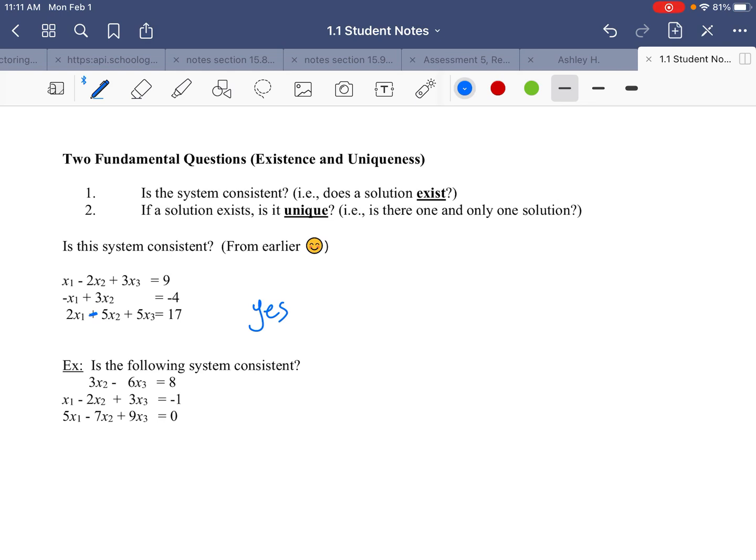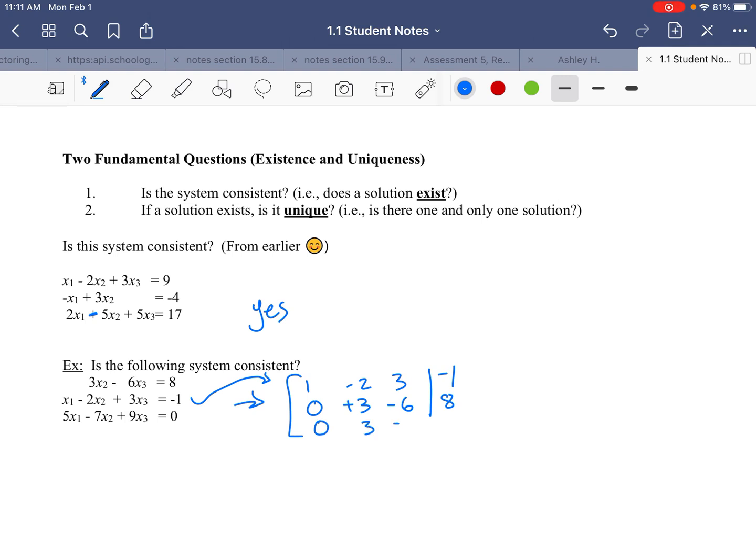All right. Now, in this next one right here, I'm going to show you what you would get on the calculator, or what you would get as you're doing your calculations. If you started to work this problem, you would get 1, negative 2, 3, and negative 1. So I put the first row right there. And then if you worked it out a little bit, you get 0, negative 3, positive 3, negative 6, and 8.